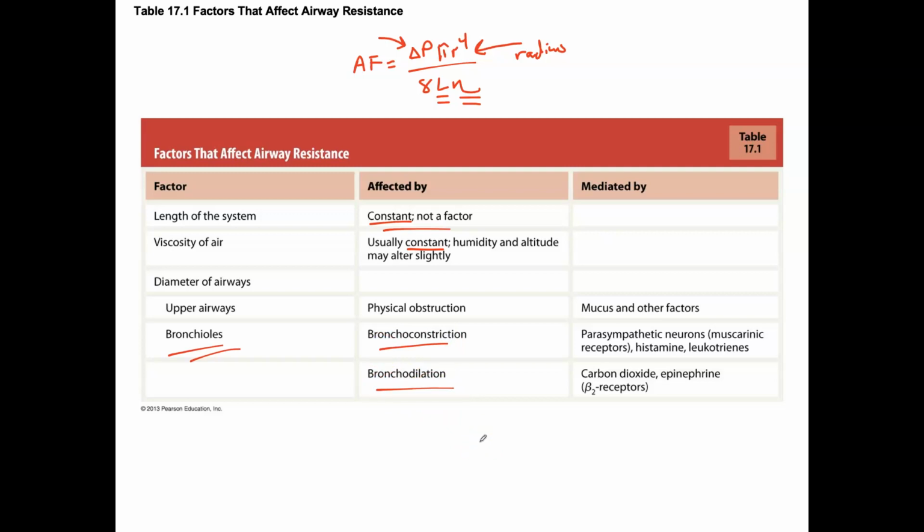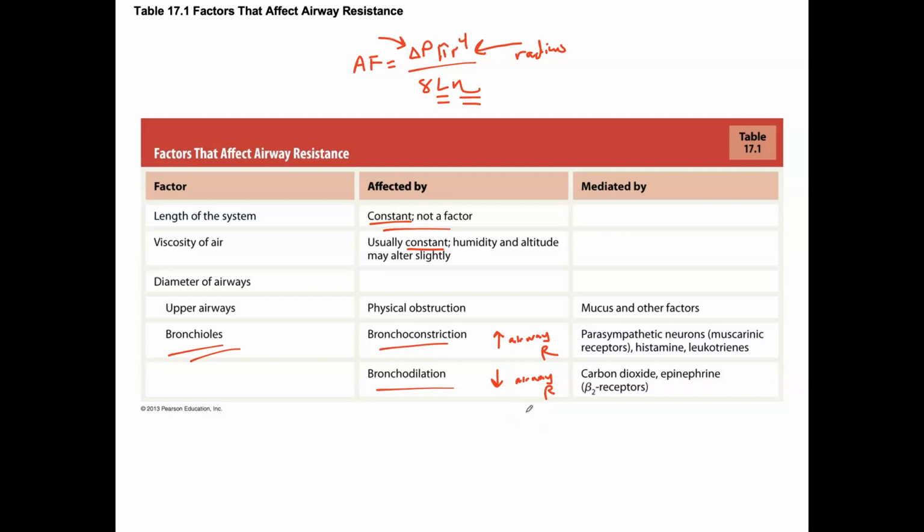Bronchoconstriction is going to make the bronchial tube smaller, and so that's going to increase your overall resistance. So that's bronchoconstriction increases airway resistance. If you have bronchodilation, you're going to decrease your airway resistance. It's going to be easier for air to flow through the passageways if they're dilated.